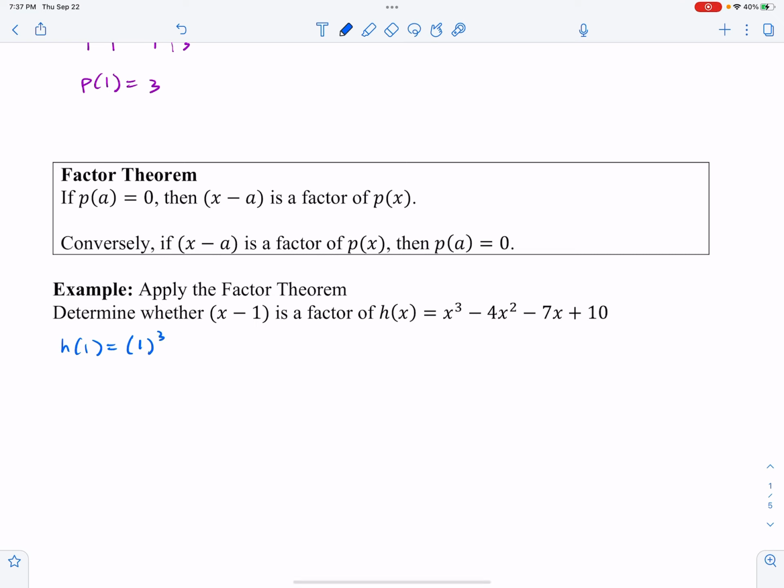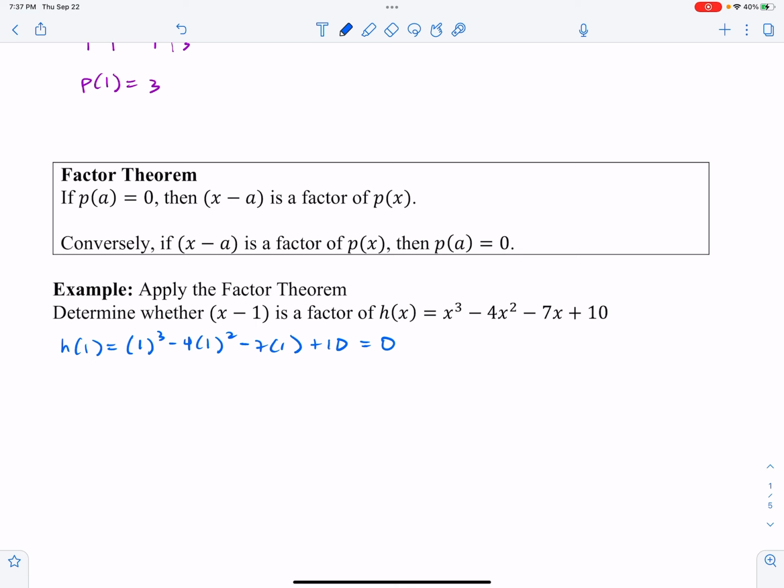So 1 cubed minus 4 times 1 squared minus 7 times 1 plus 10. So 1 minus 4 would be negative 3, minus 7 would be negative 10, plus 10 would end up giving us 0.